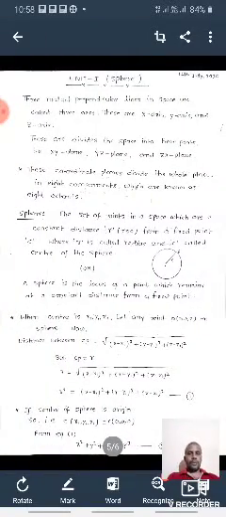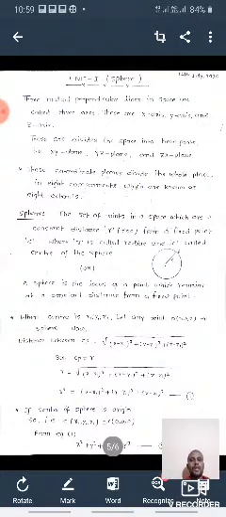Now we go to unit 1, which is sphere. What is the sphere? Sphere is a 3D shape.